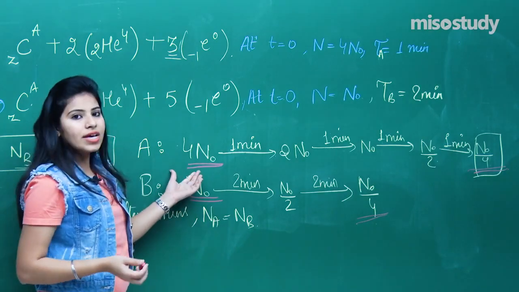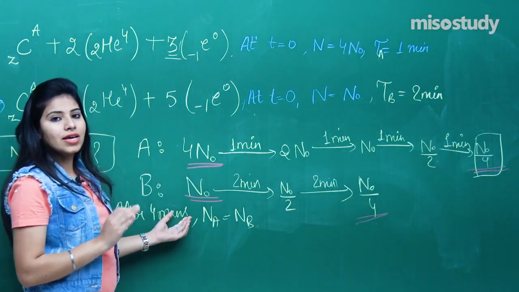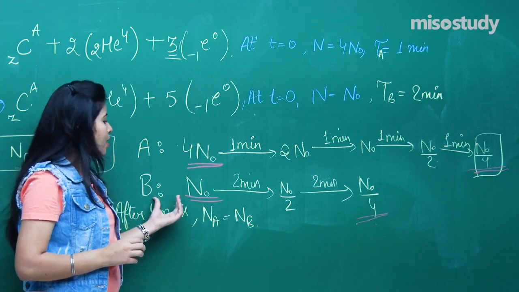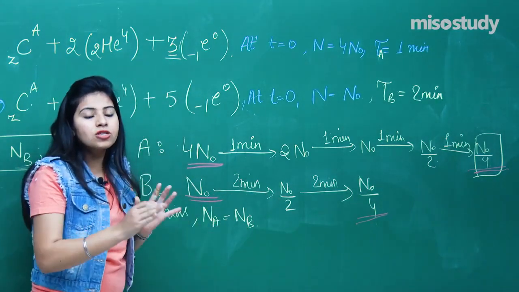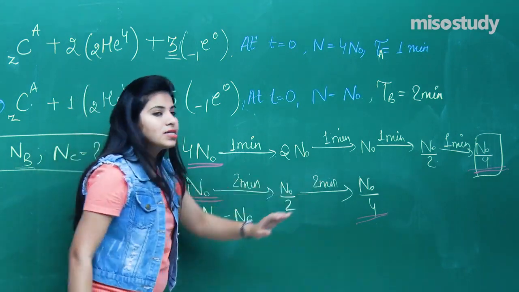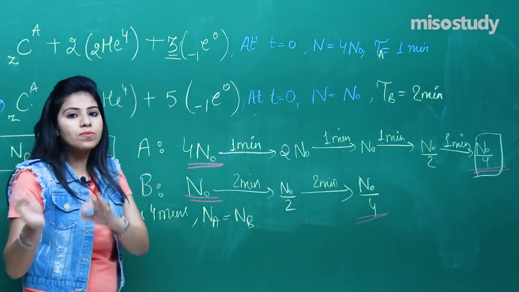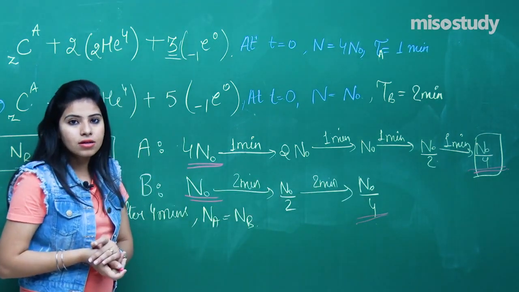So similarly for B, from N0 to N0 by 4, the difference, N0 minus N0 by 4, would be the number of nuclei of C, right?